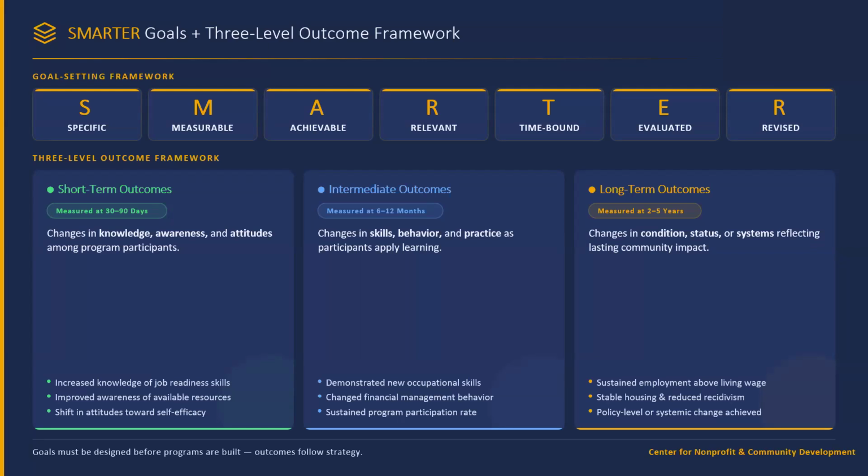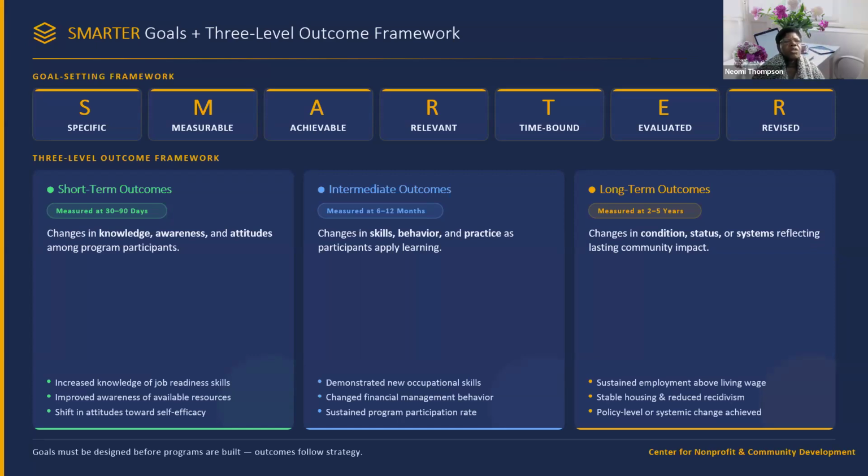SMARTER goals plus three-level outcome framework, goal setting framework: specific, measurable, achievable, relevant, time bound, evaluated, and revised. Three-level outcome framework, short-term outcome, measured at, let's say, 30 to 90 days.